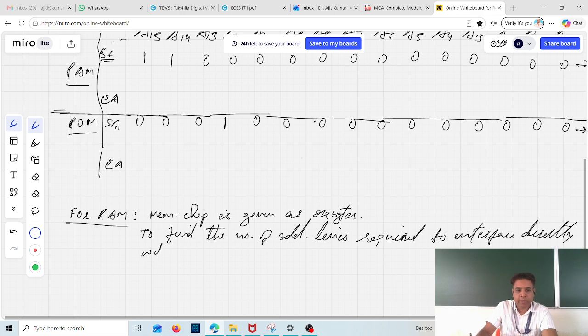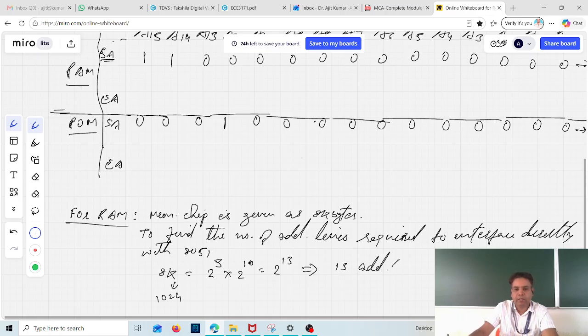The approach is to write this 8k in the power of 2. 8 is 2 power 3, and k is 1024, which is 2 power 10. So in total I got 2 power 13. It implies that we need 13 address lines.